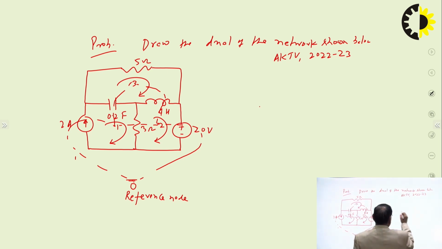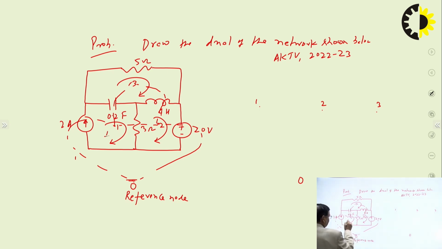In the dual network just place 3 nodes: this is node 1, this is node 2, this is node 3, and take a reference node. Now this mesh current is I1, this is I2 and this is I3. The direction of mesh current I1 and the direction of the 2 ampere current source are the same.